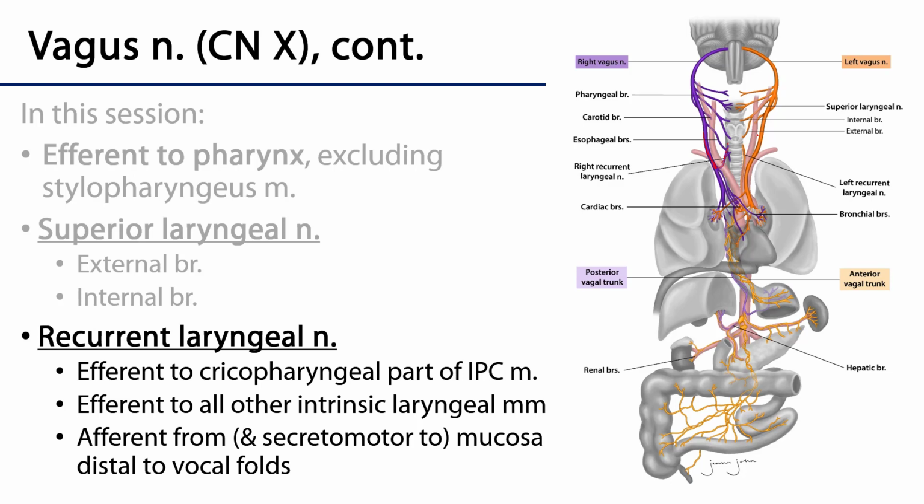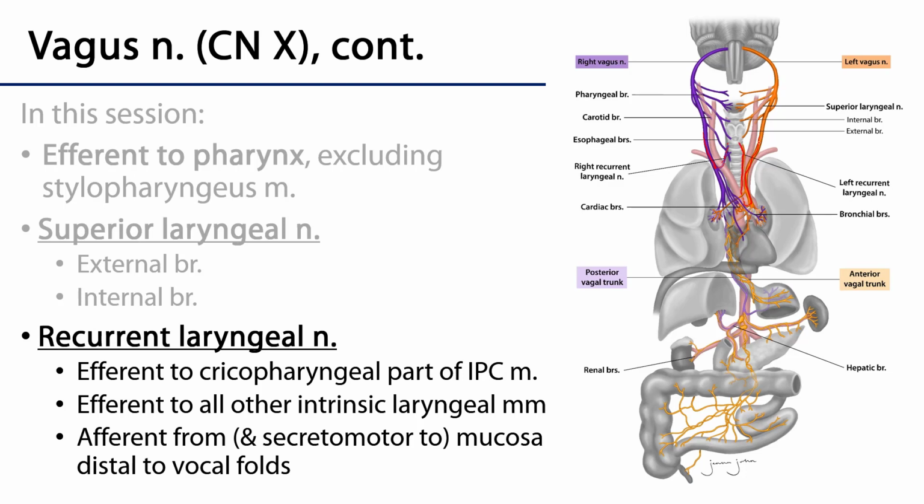On the left side, we see a great asymmetry here. So this left vagus nerve is coming down, coming down, coming down. And at the level of the arch of the aorta, it sends the left recurrent laryngeal nerve around the concavity of the arch of the aorta, where that quickly heads medially to the tracheoesophageal groove, and that ascends up to the larynx.